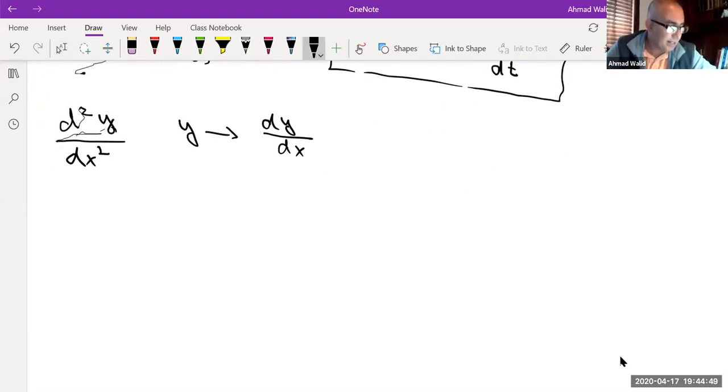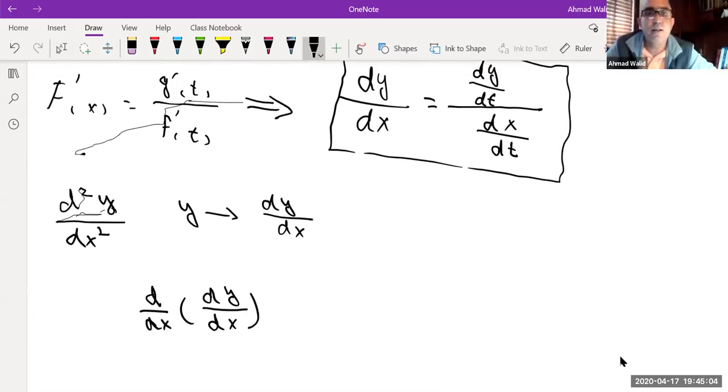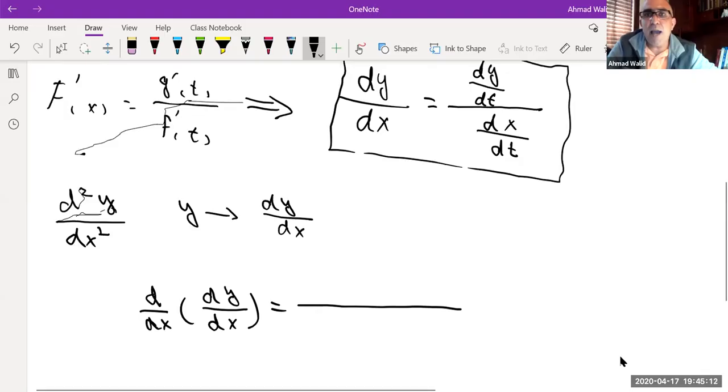Then my second derivative means d over dx of dy dx, which equals, fraction bar, d over dt times dy dx, all over dx dt.